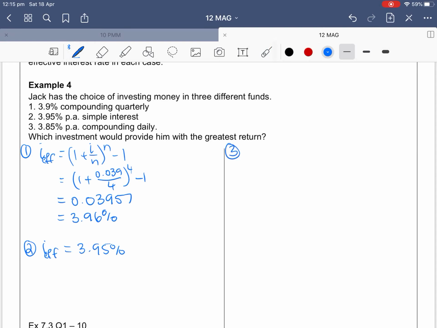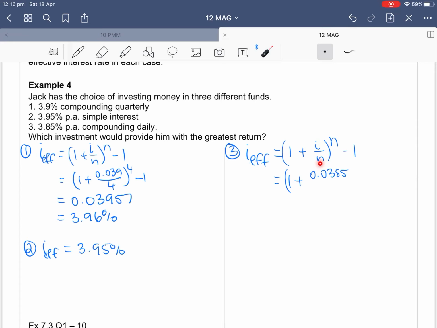So let's do that. I'm going to do that over here on the right. I effective, I did it again. Effective equals 1 plus i on n to the n, minus 1. Okay, so with this one, we've got 0.0385. It's compounding daily. So the n this time is going to be 365.